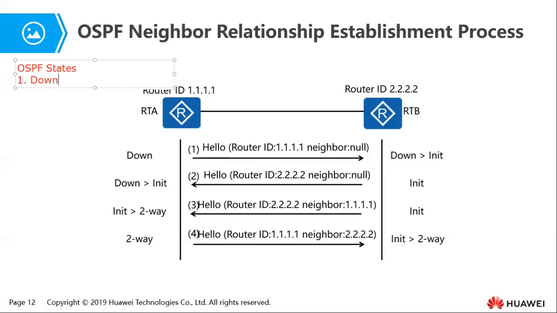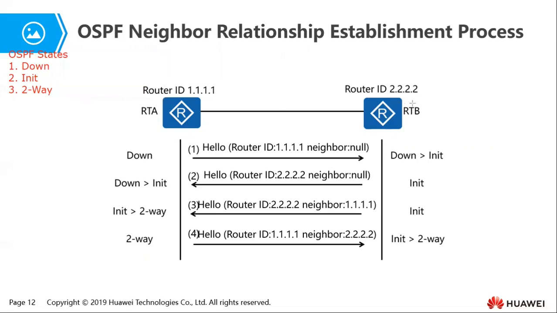Number 2, we have init for initialization, and we have two-way. So these are the three steps, the 3 neighbor states that are involved when it comes to establishing the neighbor relationship. Okay, so let's go through it.